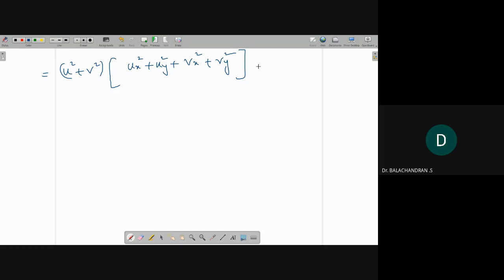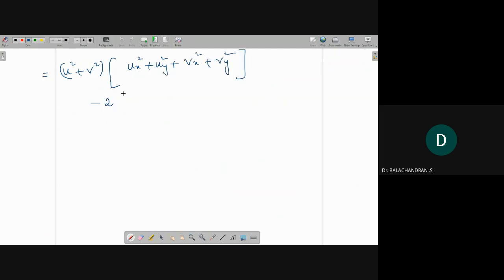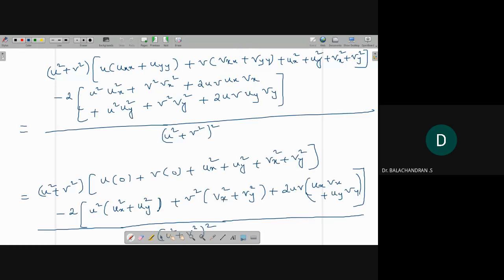Minus 2, okay, I will write here. Minus 2 into u square into ux square plus vx square. Plus v square into... So now using the CR equation, what is vx? Minus uy.